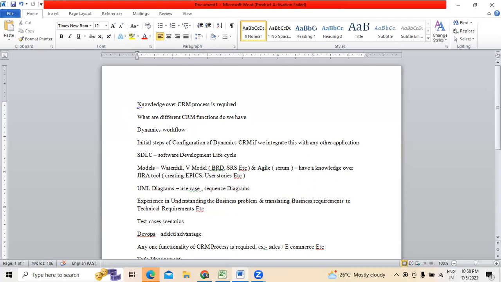So the CRM process on a high level note was that. Now, when we talk about the different functionalities as well as the process of CRM... Sorry, Raj, still on the first point. I'm just trying to be very clear on that before we move on. You explained that knowledge of CRM is trying to understand the customer perspective, or what the customer is expecting from the business.